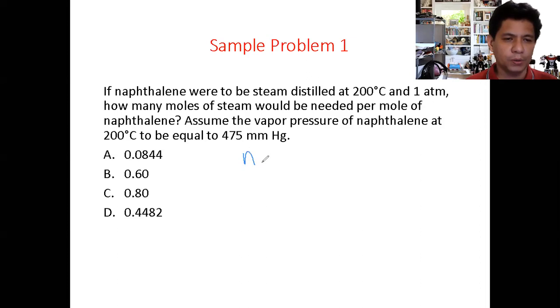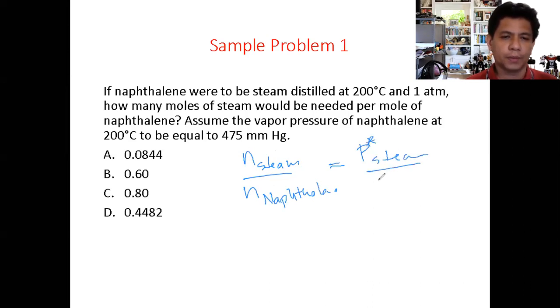Number of moles of steam divided by number of moles of naphthalene is equal to partial vapor pressure of steam divided by vapor pressure of naphthalene.